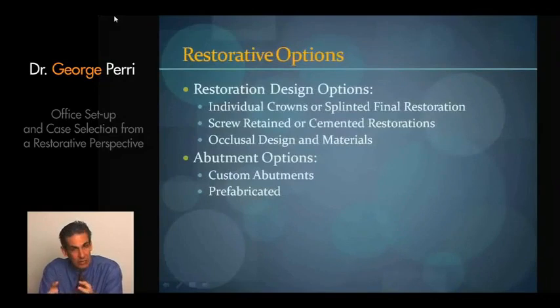And we need to understand those particularly, but in general, we need to realize that we could do individual crowns in many cases, and we also see situations where a splinted final restoration may be to the patient's advantage. That could be a bridge, 2 implants to replace 3 or 4 teeth, in the anterior segment certainly, but it also might be a bridge on 3 implants, a 3-unit bridge.